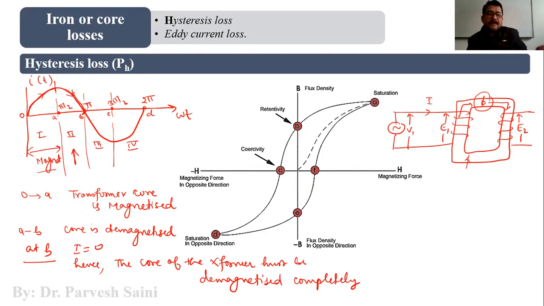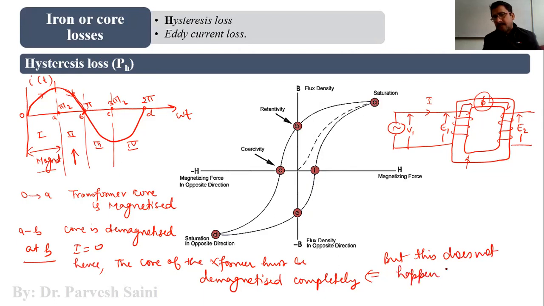However, because of the hysteresis, as explained earlier in this lecture, the iron core will not demagnetize completely, right? Okay, so this does not happen practically. So that means this core of the transformer still has certain residual flux in it.